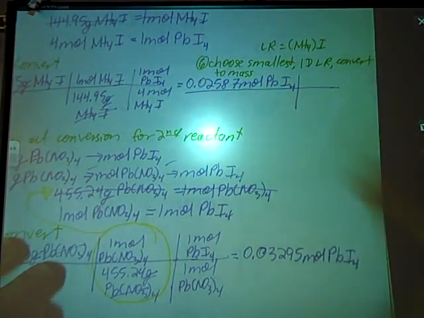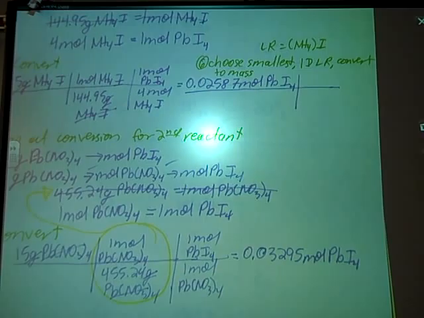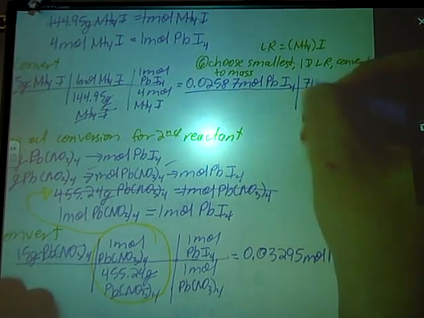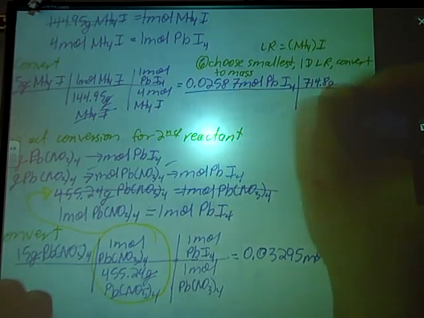Grams to moles is formula mass. So formula mass of lead iodide. Woo, that's gonna be a big number. 714.8 grams. Woo, my goodness, per mole.